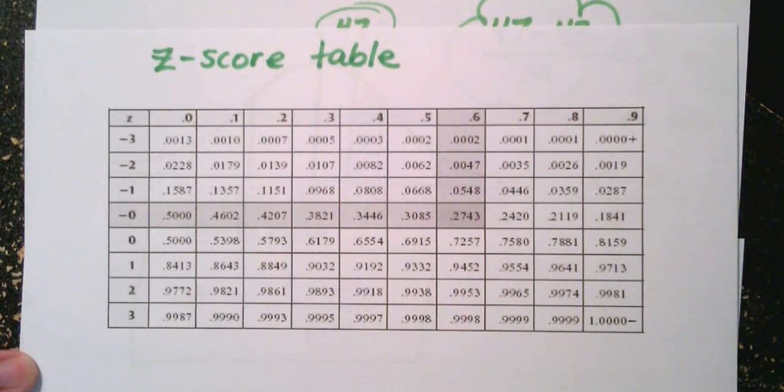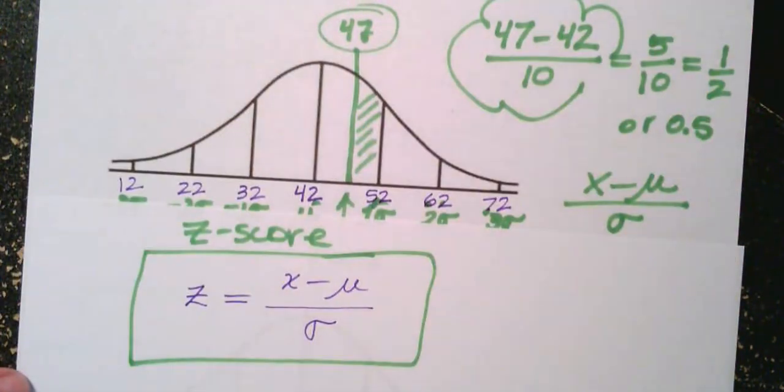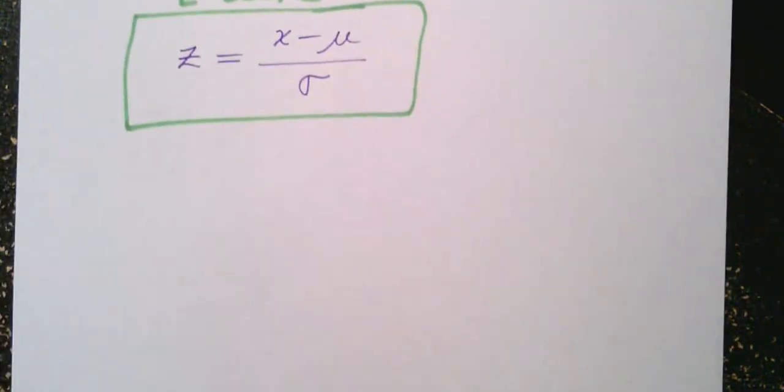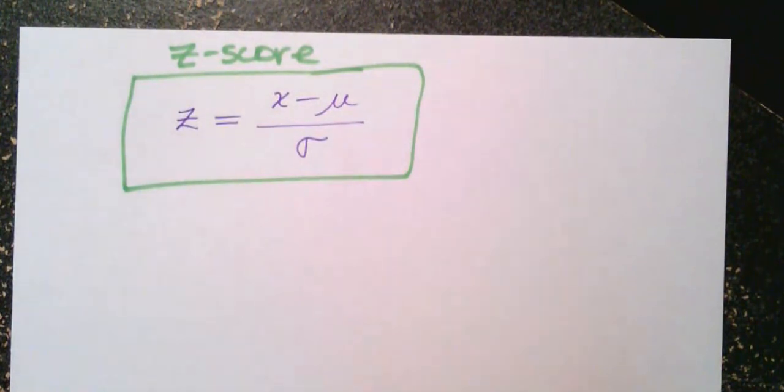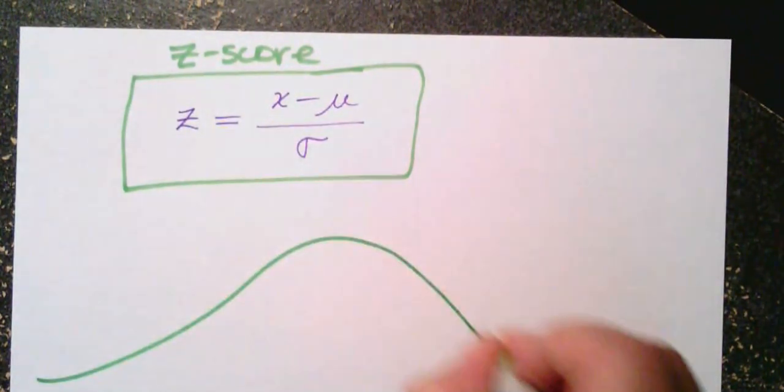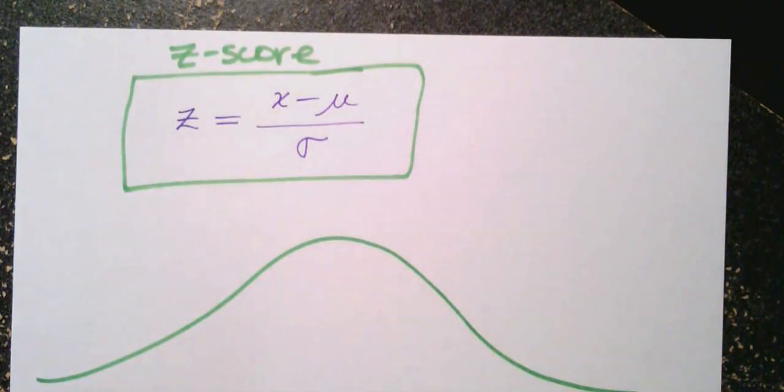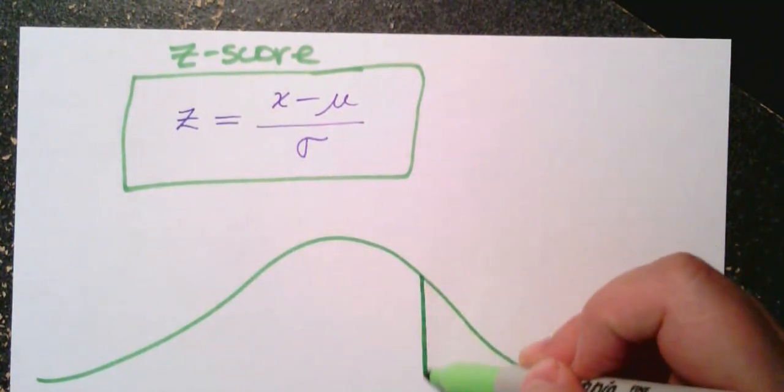Well, we have to have a specific value we're talking about. And what a z-score table specifically tells you is what percentage of the data, as a decimal, is to the left of that number.